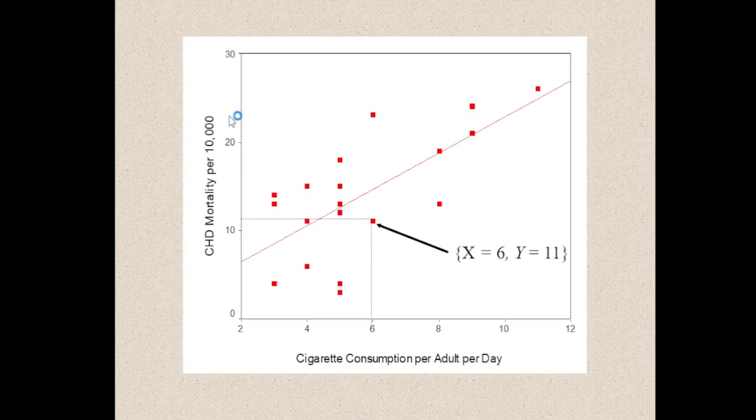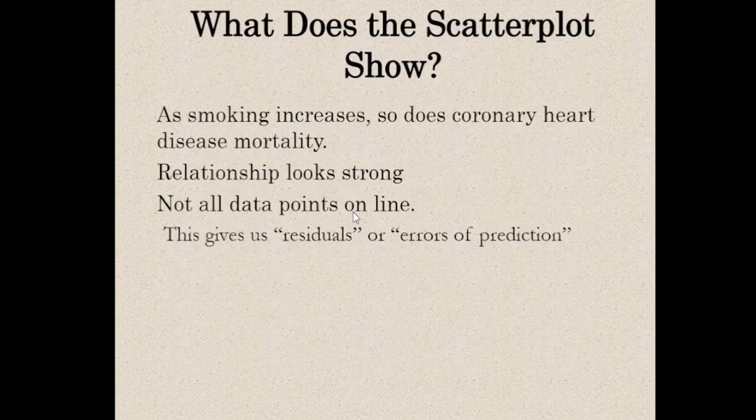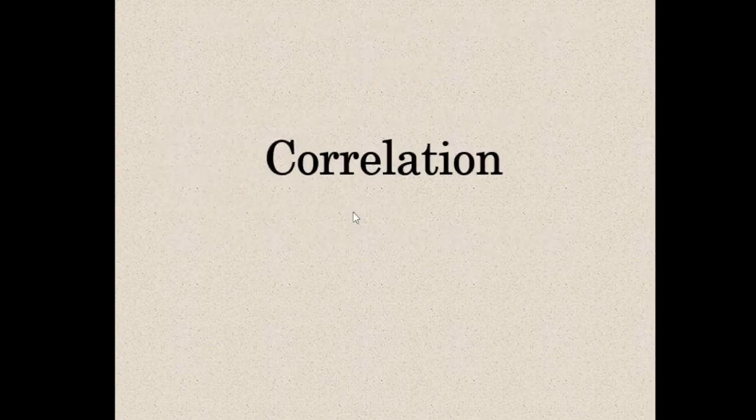Line of best fit, best fit, line of regression भी. ठीक है. See, but this line is based on the residual values, based on the error. Okay, so let's move to the next part.